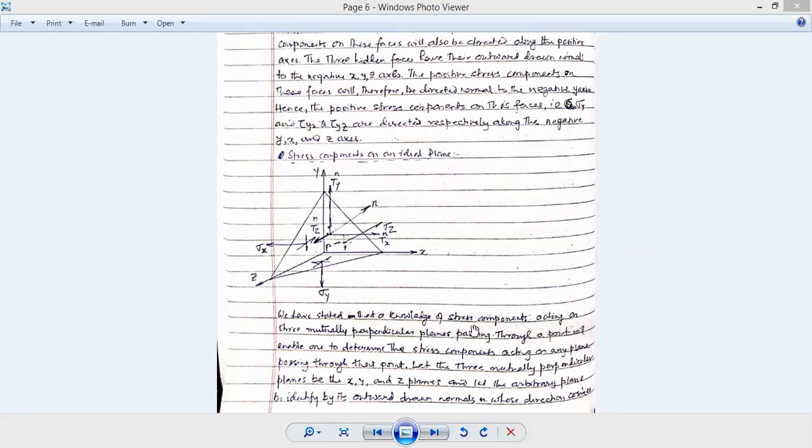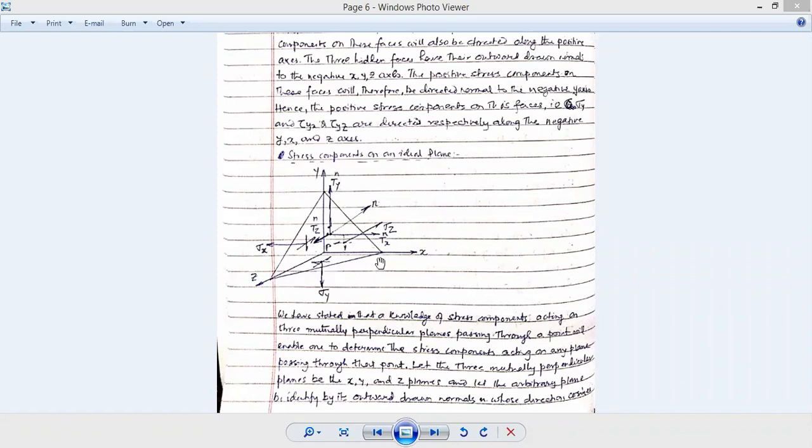So what we do, let us consider that any arbitrary plane is identified by the outward normal n. What is this arbitrary plane? Let us consider a small tetrahedron, a triangular pyramid, at the point P itself.